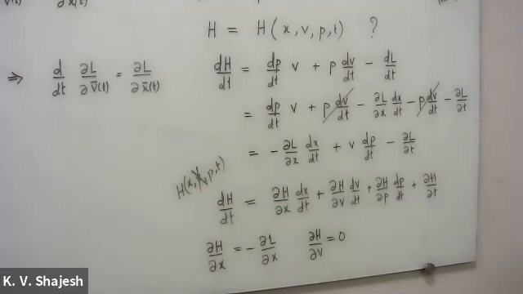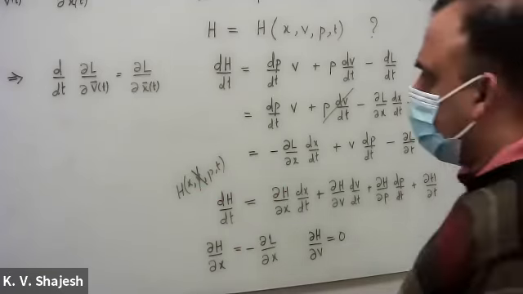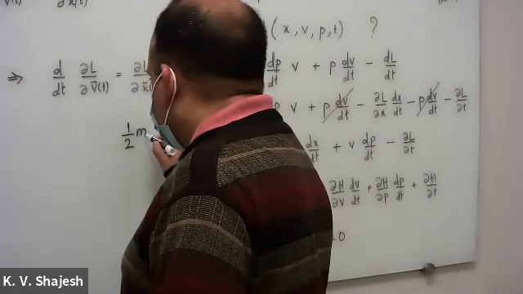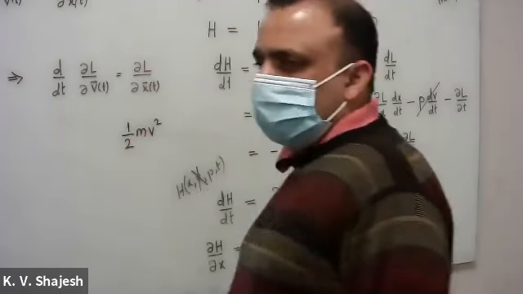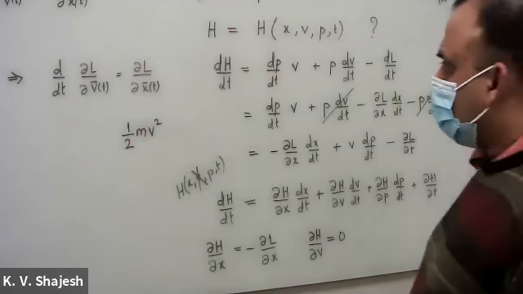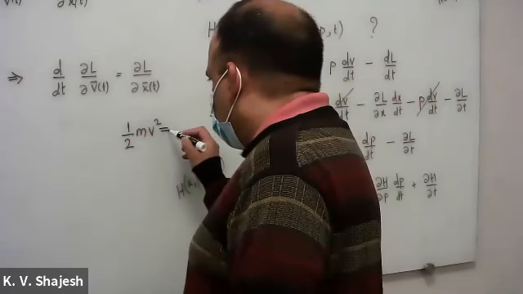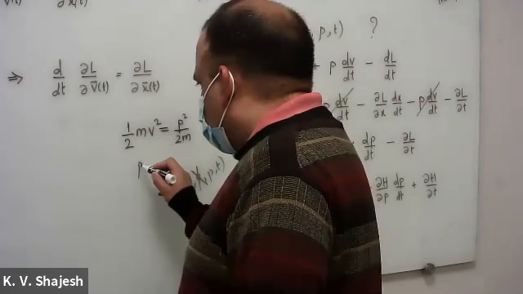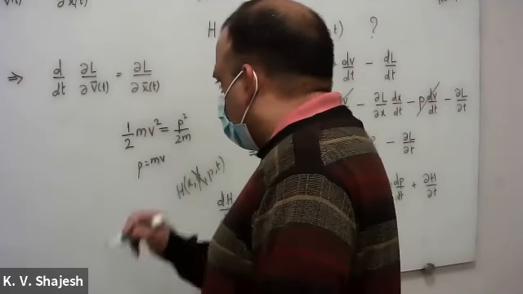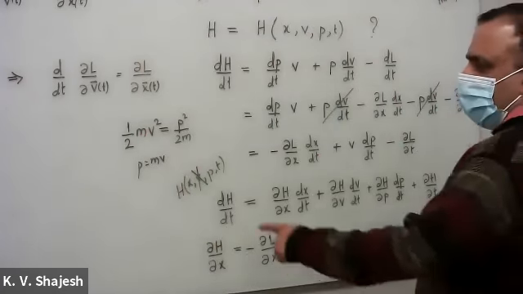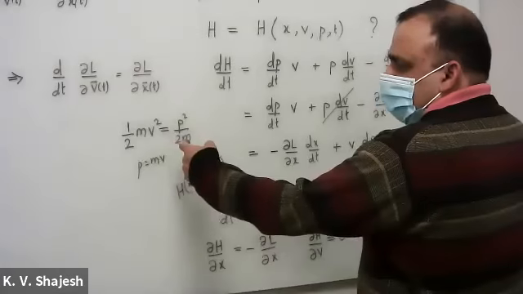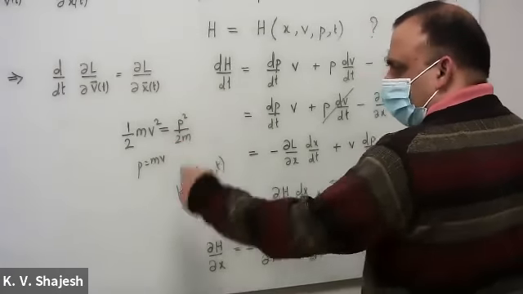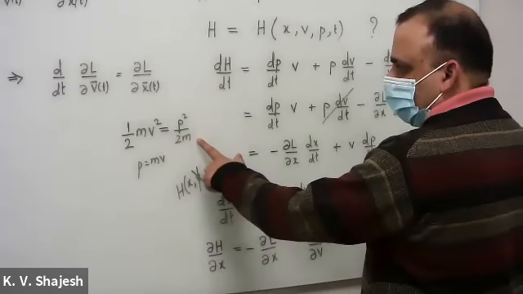For example, kinetic energy is half mv squared in the simple free particle, but that's also equal to p squared over 2m, where p is equal to mv. Whenever we write the Hamiltonian, it is necessary, or at least conceptually, we should always write it in this form.